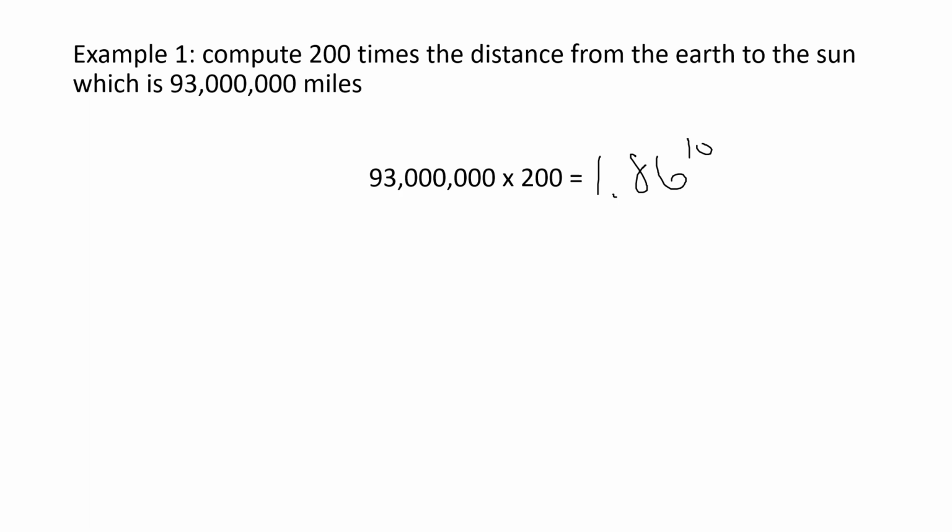It's too large to actually compute. And so in my brain, what this looks like is 1.86 times 10 to the 10th power, which is what we're used to seeing scientific notation in.